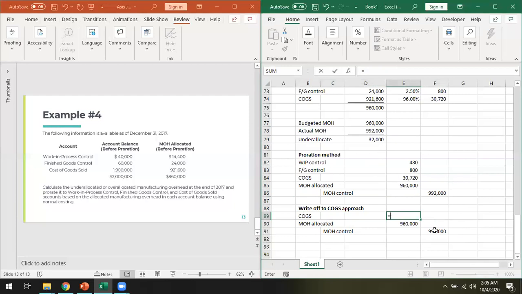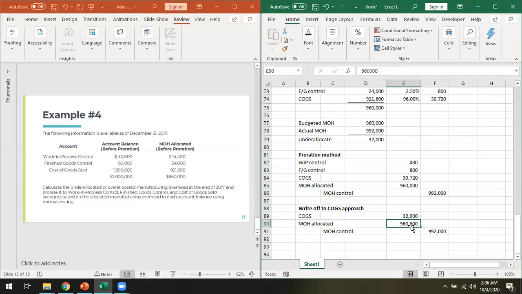So the cost of goods sold will get an additional $32,000. We just write off the difference and adjust it to the cost of goods sold. So the balances of work in process control and finished goods control will remain the same.